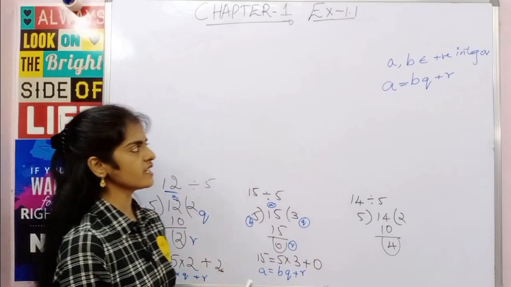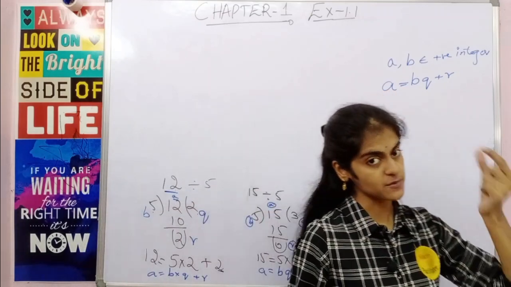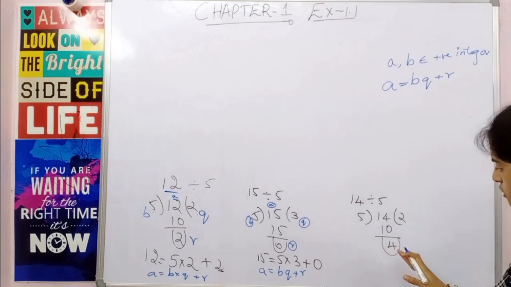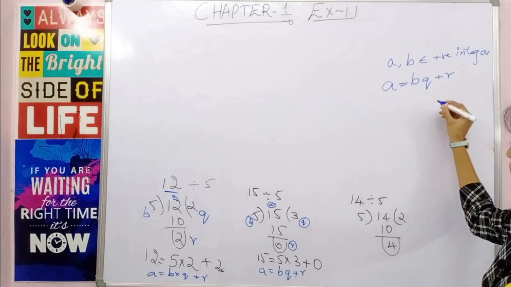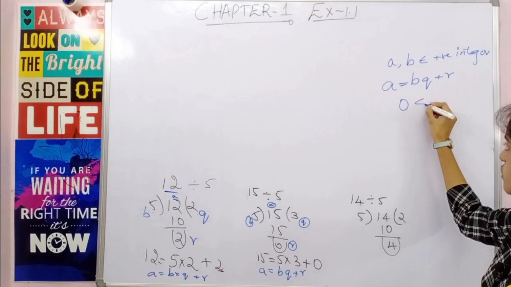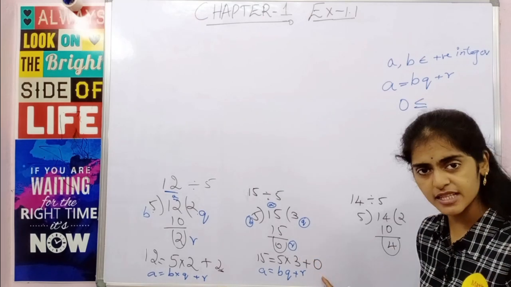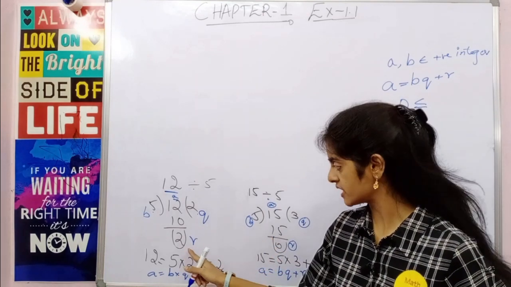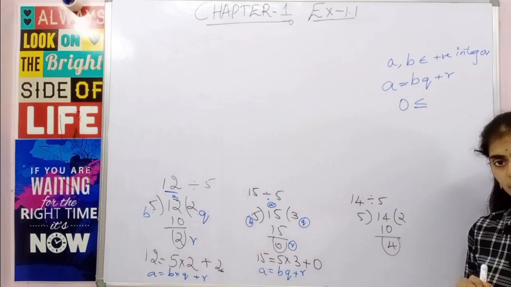So generalizing, if there is a number A, you can express it as BQ plus R, okay. And also I told you the condition for R: R can be 0 or greater than 0, okay. In this case R is 0, or it can be greater than 0 also. In this case it is 2, in this case it is 4, okay.